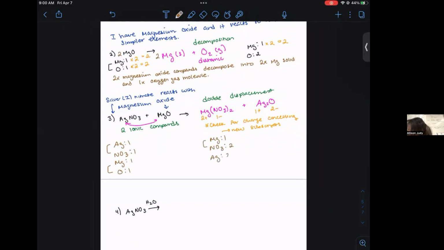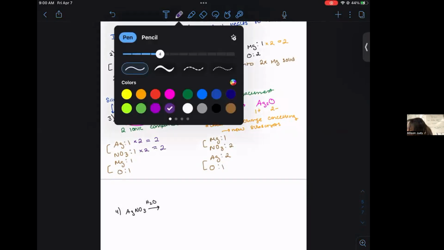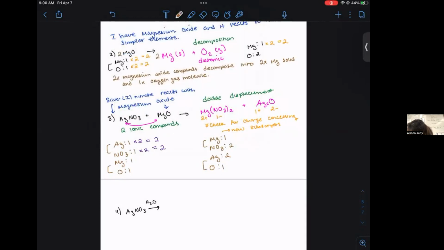Ag, 2 of them bonded with 1 oxygen. And then I do my little chickadee trick track. Okay, so I notice my NO3s aren't equal. I'm going to multiply by 2, gets me 2 and 2. And now I'm balanced. So then I just put in front, I put 2. And now I have my balanced chemical equation.